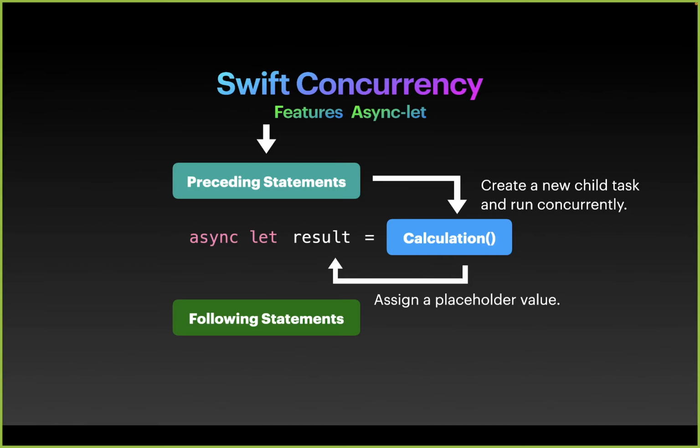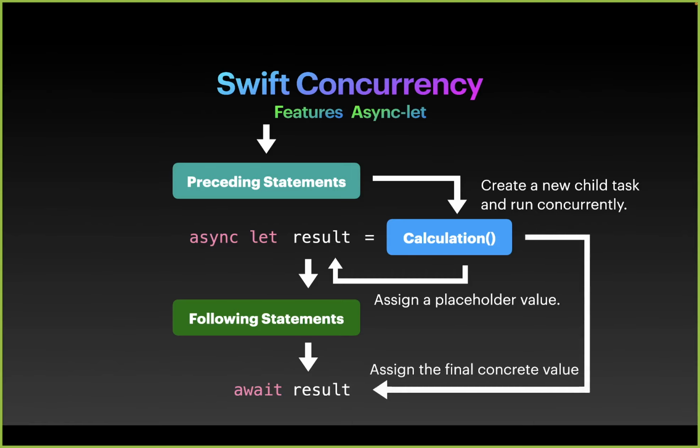It does not contain any concrete value yet, because there is some calculation happening behind the scenes right now. Now you can still keep executing all the following statements until we actually want to use the result, where we use this await.